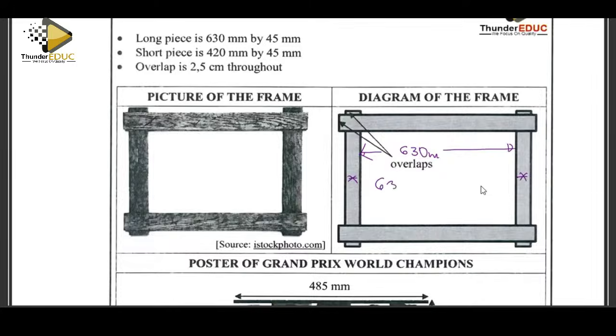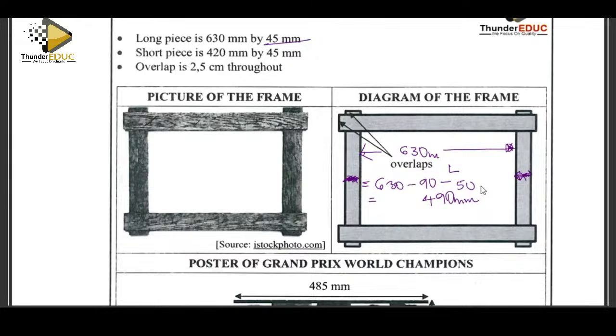Anyway, it will be 630 minus this width here, which is 90, minus the overlaps, which are 50 also. So here the answer becomes 490 millimeters. This is the inner length, because we needed to remove this space here, and we add on again the overlaps.